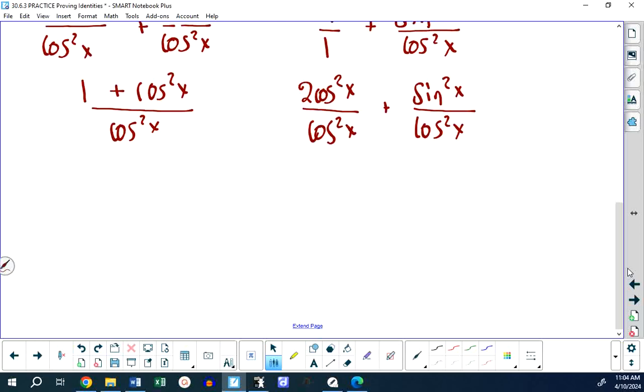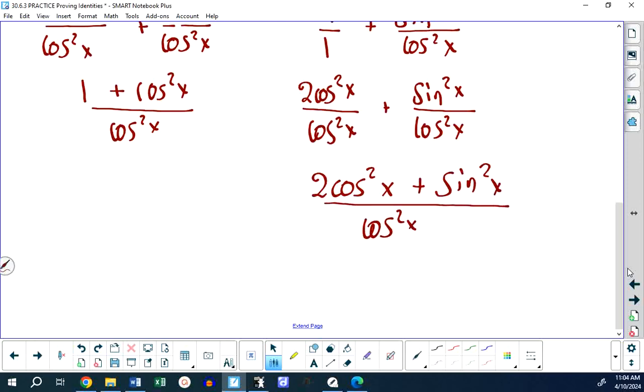So we have 2 cos squared of x plus sine squared of x over cos squared of x. And again, this is on the edge of being something that you would expect to see on an exam. I think it might be on the wrong side of the fence, but we're learning something from it. And I'm really curious. Does anybody see how these two things are going to be equal?